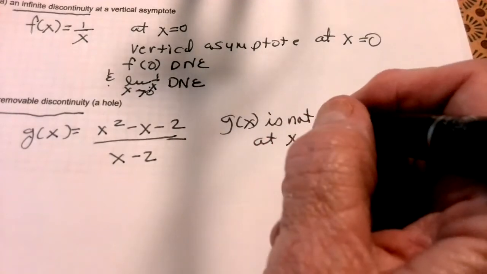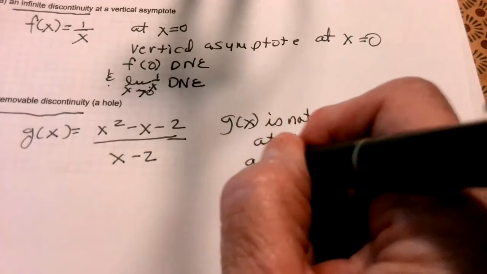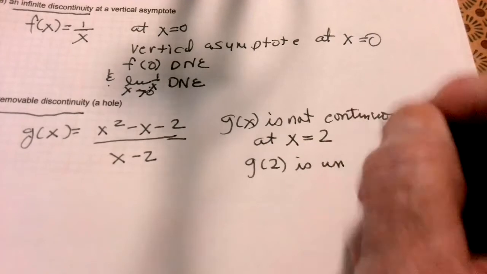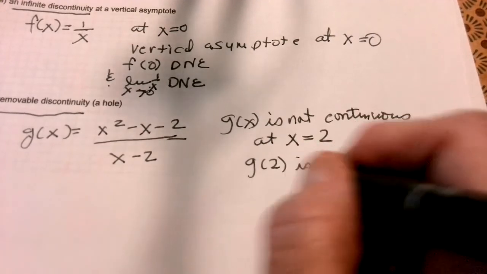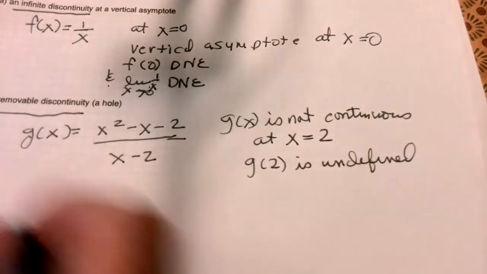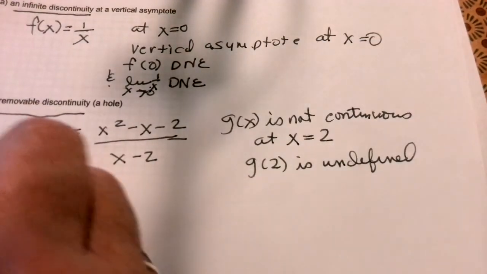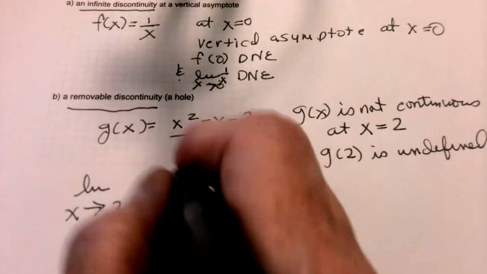So that's at x equal 2. So g of 2 is undefined. So we know that it can't be continuous where it's undefined. But what we can do with this, we can take the limit as x goes to 2 of the function.